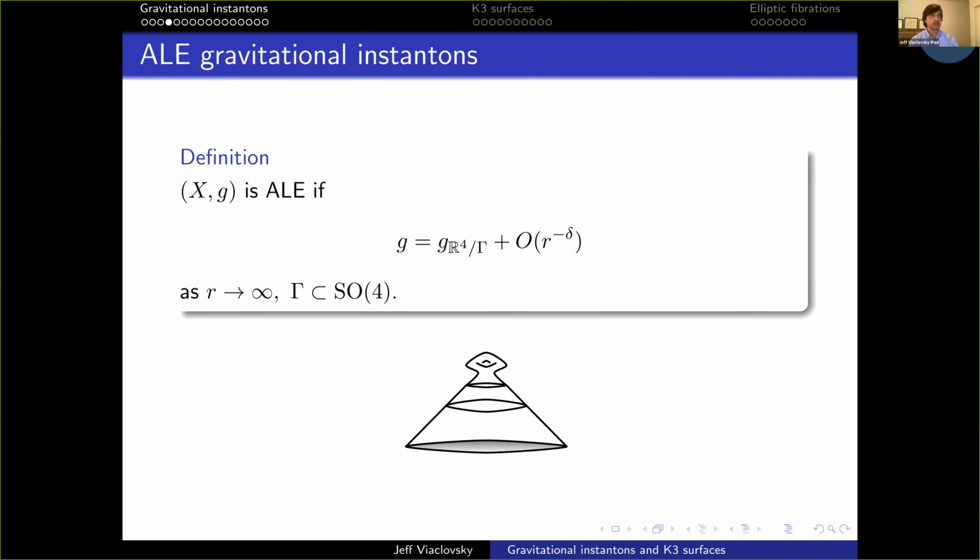Here's the topology, where we have no condition on the interior of the manifold, but as you go up to infinity, it has to asymptote to a Euclidean cone, a 4-dimensional flat cone. So that's what they look like.